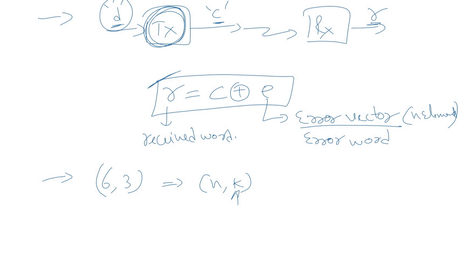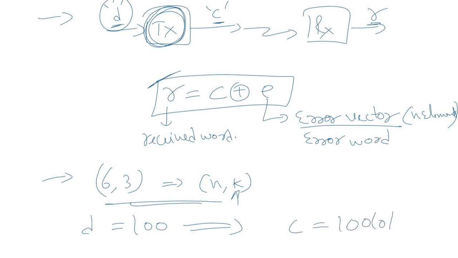So let us take a particular case of this example where 100 was the data word, and corresponding to that we have already derived in the previous example that the corresponding code word C was 100101. You can also verify it from the previous video lecture. The code word corresponding to the data word 100 was 100101. Okay.